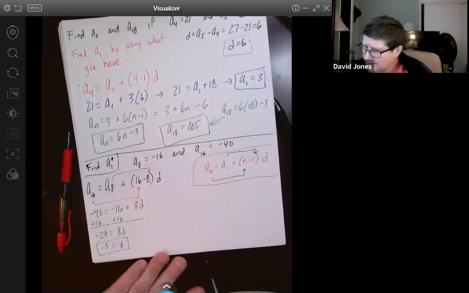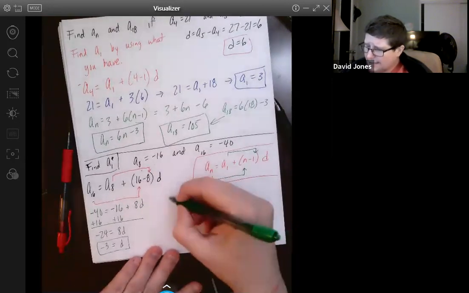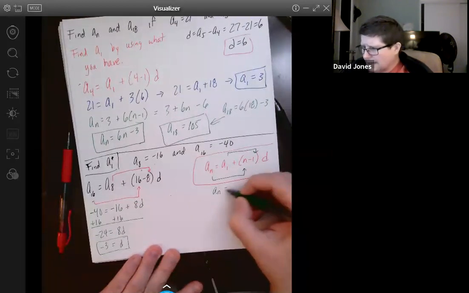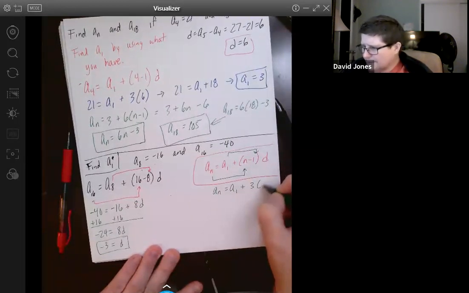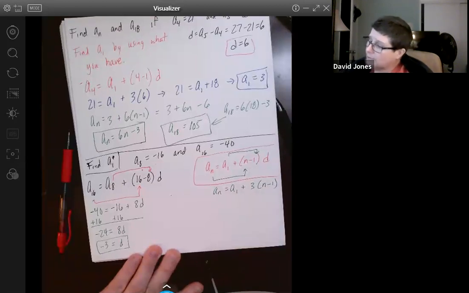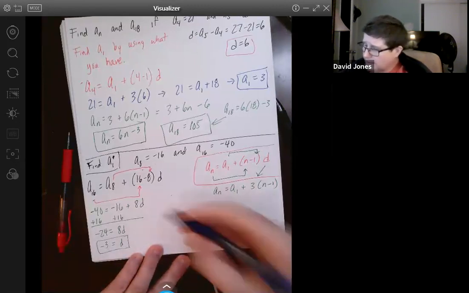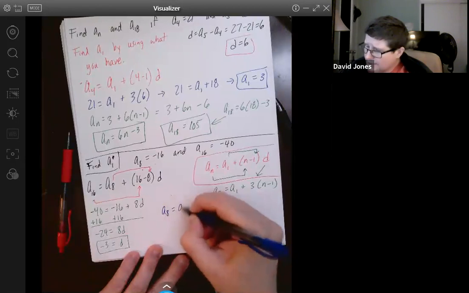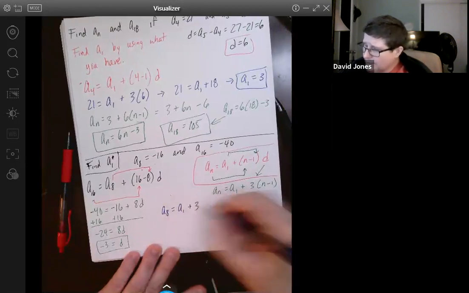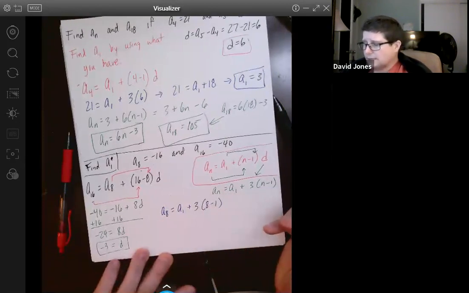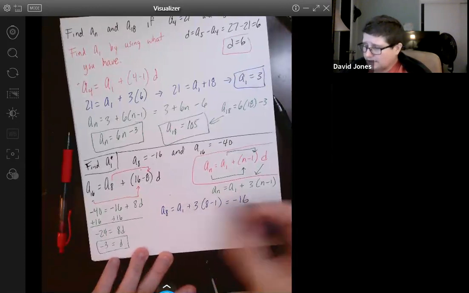Now I've got d, I can plug it in. A sub n equals a sub 1 plus 3 times n minus 1, where I'm putting the d in front, now that I know what it is. And now I'll pick the smaller one. Let's do a sub 8. A sub 8 equals a sub 1 plus 3 times 8 minus 1, and a sub 8 was negative 16.